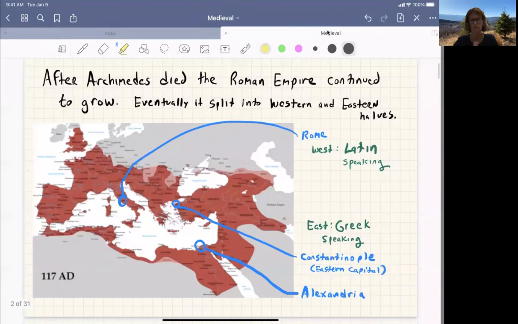So remember that in 212 BCE, that's when Archimedes died. And remember, Rome captured Syracuse at that time. And the Roman Empire continued to grow. In fact, at some point, it became so big that it was split into the western and eastern halves of the Roman Empire.